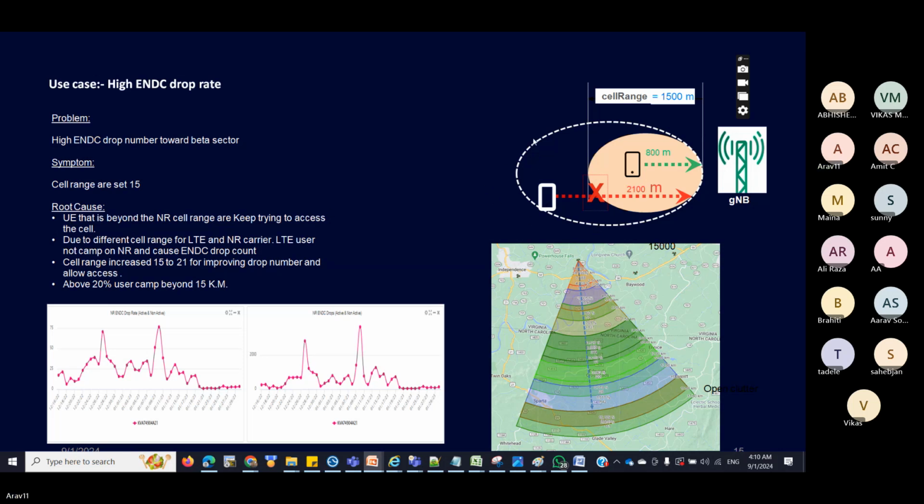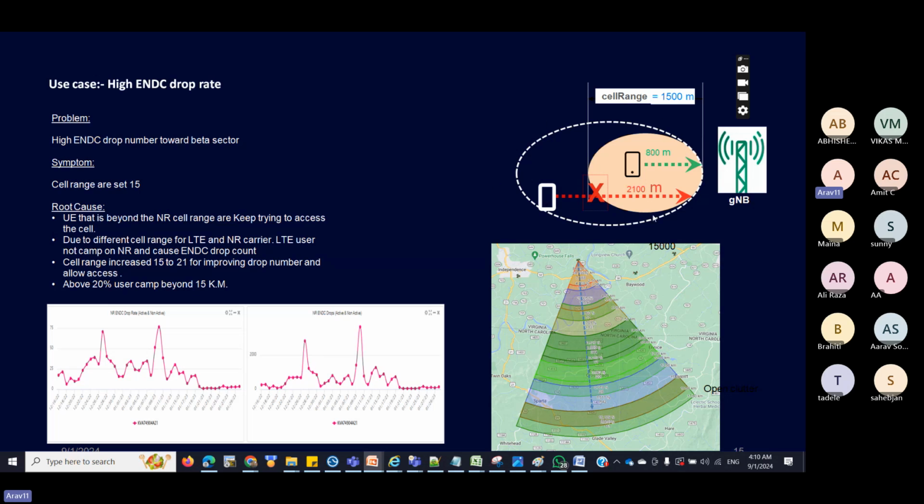Now, suppose that here this white one is your 4G coverage, and this one is your inner coverage, which is at a cell range of 1500 meters, but LTE has that much coverage. So there is a coverage gap between the inner and LTE.